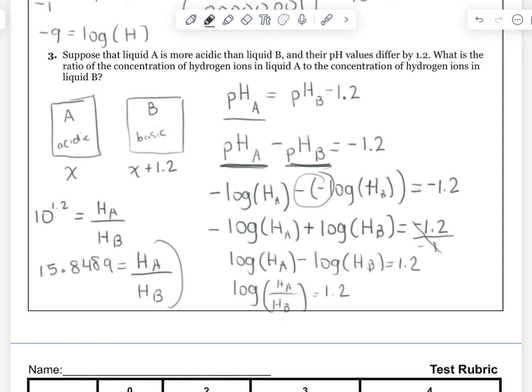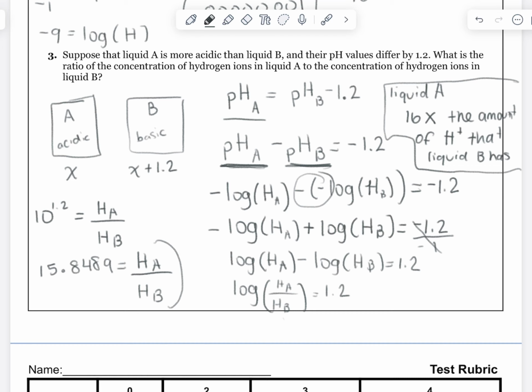So in other words, liquid A has about 16 times the amount of hydrogen ions that liquid B has. If you wanted to be exact, you could have said 15.8. And that's it.